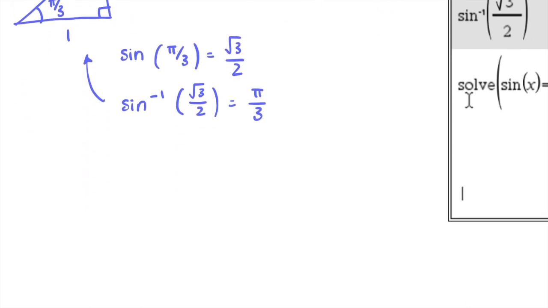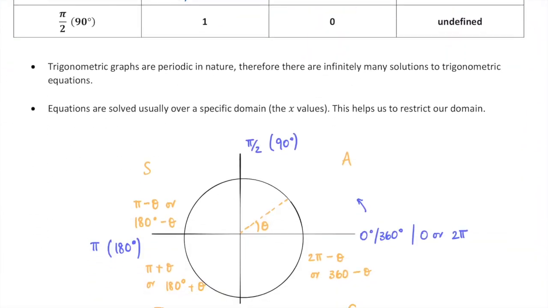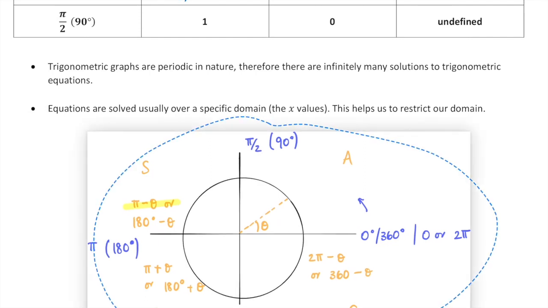So if we go back to our unit circle, the one that I drew on the previous page, I said that sine is positive in 2 quadrants, the first one and the second one. So you can see here that to find any solution in the second quadrant, we need to subtract the angle from pi. So I'm just going to copy this across to the next page.